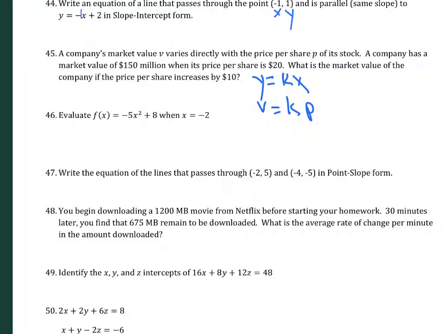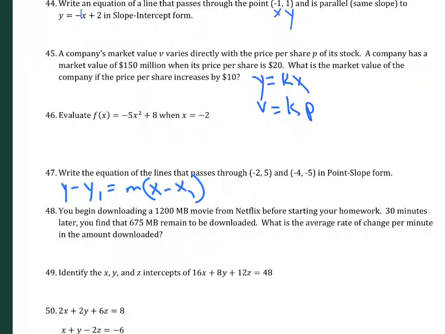47 says write the equation of a line that passes through -2 and 5 and -4 and -5 in point slope form. So point slope form was y minus y1 equals m times x minus x1. First you need to find the slope.